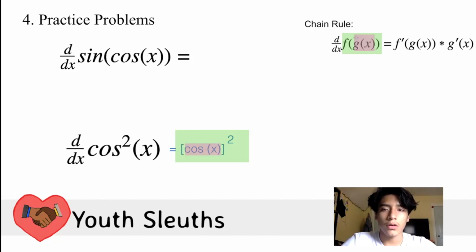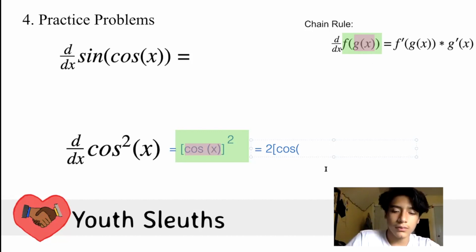And so what we're going to do first is the f. So this would then equal 2. We're going to bring down the 2 since we're doing derivatives, and put cosine of x because, as you can see, we do the derivative of the outer function first, and then we leave the inner function. And then we're going to do the inner function. So times negative sine of x.